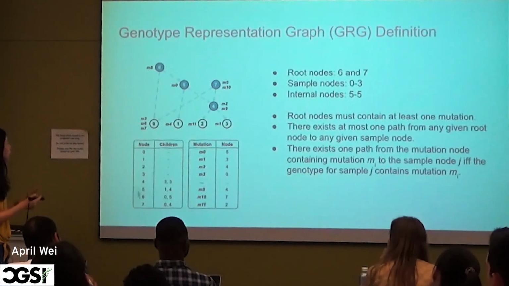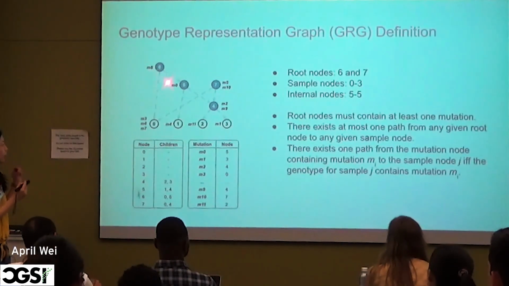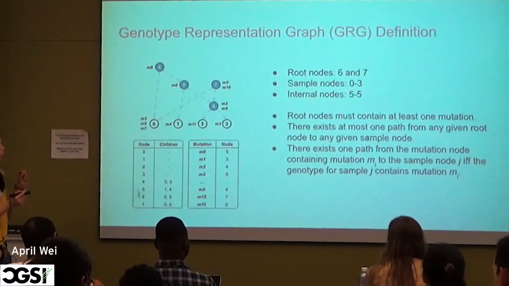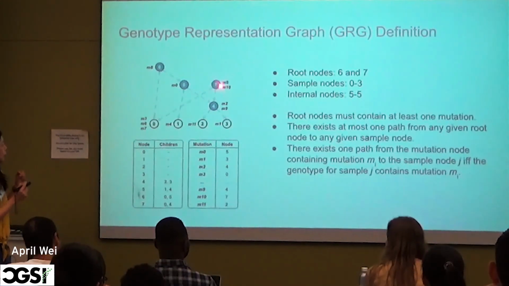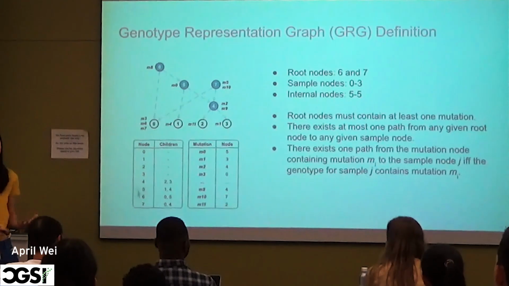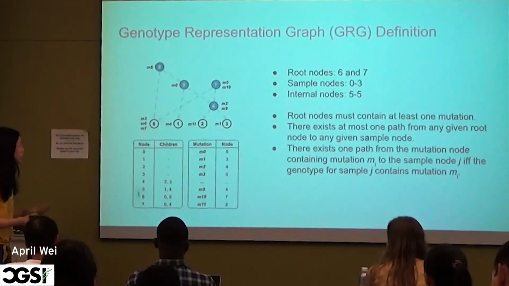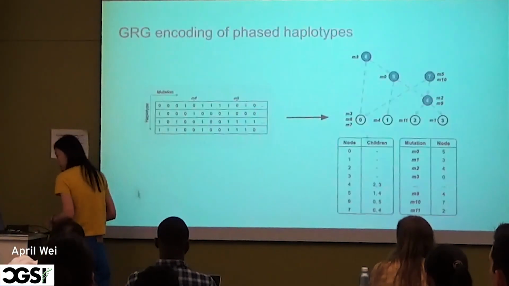And we also define this graph such that there exists at most one path from any given root node to any given sample node. And there exists one path from the node containing a mutation to a sample node if and only if the genotype for that sample node contains that mutation. I'll explain in an example what exactly this means, but this is roughly speaking the definition of this graph.